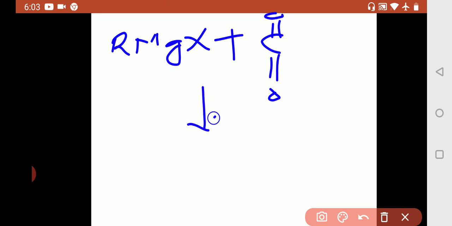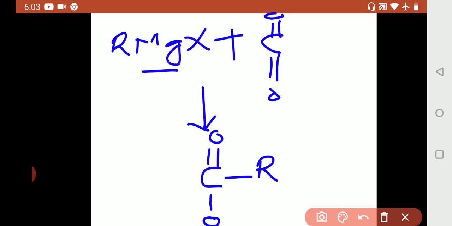C has got plus now, that's why R forms bond with C and O forms bond with MgX. So this is the intermediate compound, the addition product, that is in between R and MgX, CO2 is embedded like this.